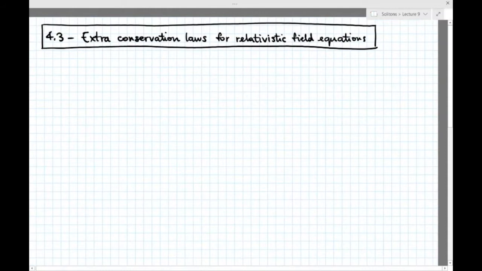I'll start by stating a few facts that we will use in the following. We'll take this also to define for us what a relativistic field equation or a relativistic field theory is.